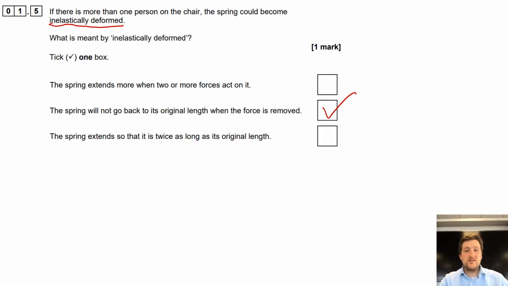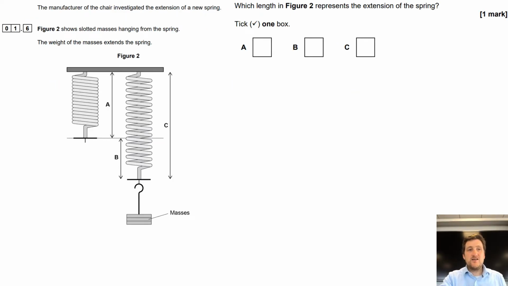Then we have, the manufacturer of the chair investigated the extension of the spring. We're still talking about springs. And if you look at this diagram, it looks remarkably similar to our required practical about springs. So we have A, that length of A is without a weight. That is our original length.